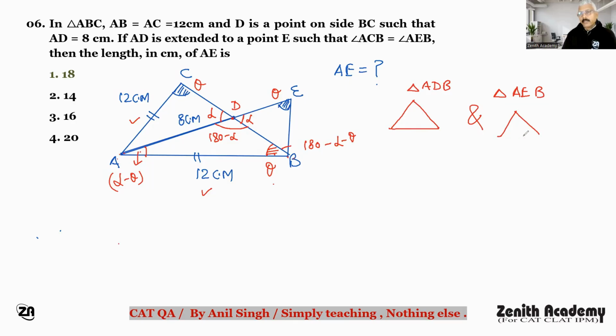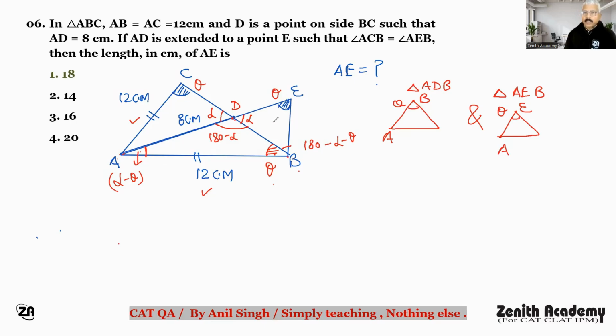In both triangles, angle A is common. Angle A of triangle ADB and of triangle AEB both are common. In triangle ADB, B is theta and here E is theta. So it is theta, theta.